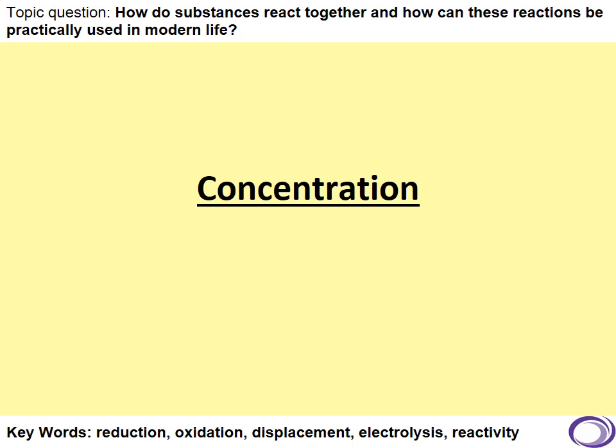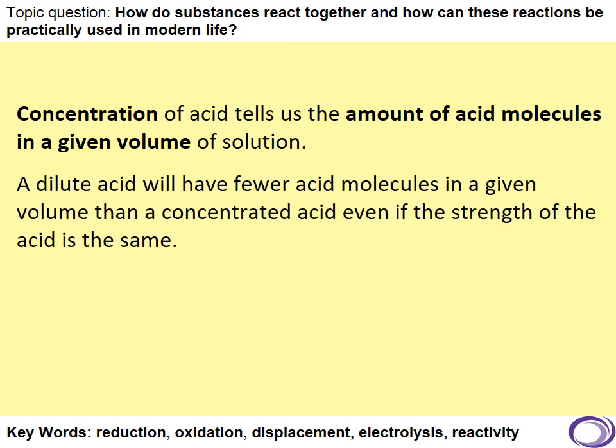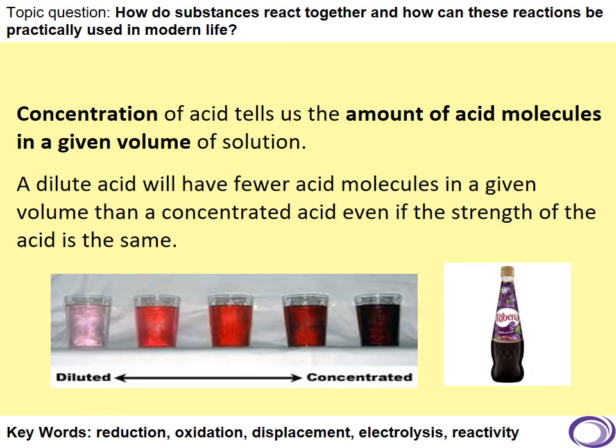Let's take a minute to consider concentration then. Concentration of an acid tells us the amount of acid molecules in a given volume of solution. So if we have a dilute acid, like the one on the left, there's only a small number of acid particles in it, whereas the one on the right, which is concentrated, has a lot of particles in it.